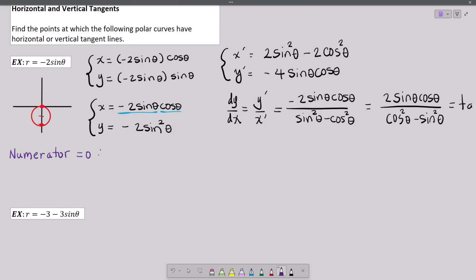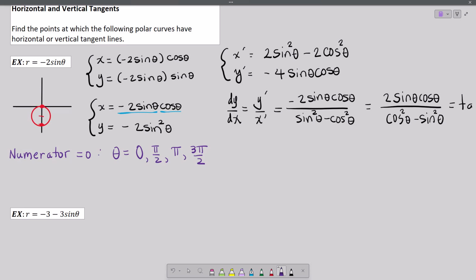That's a product, so it's going to be 0 whenever either sine or cosine is 0. So the numerator is 0 at theta equals, we're just going 0 to 2 pi, theta equals 0, pi over 2, pi, and 3 pi over 2. We're not going to include 2 pi because that's just back to 0.